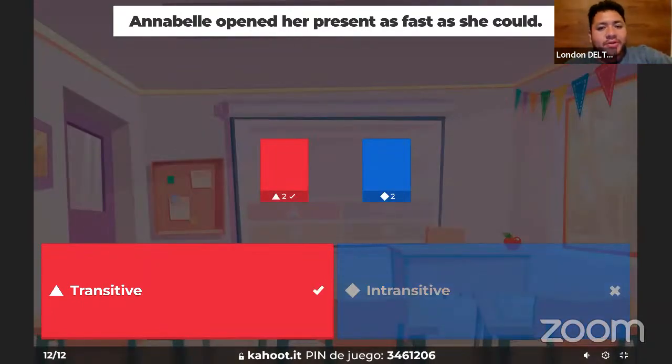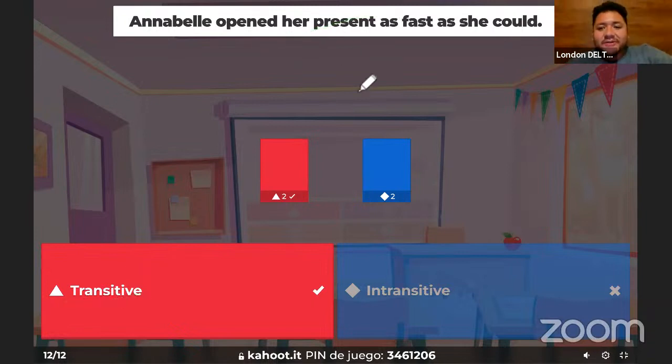Okay, Annabelle opened her present as fast as she could. Okay, so this is transitive. Muy bien. Porque open es abrir, entonces, ¿qué fue lo que abrió? Su regalo. So remember, transitive verbs need an object. Verbos transitivos necesitan un objeto. ¿Qué se abrió?